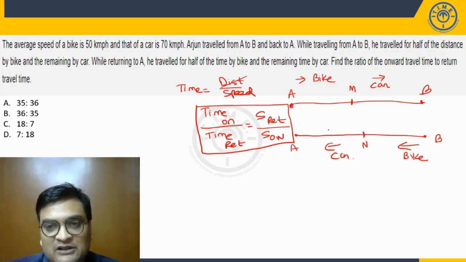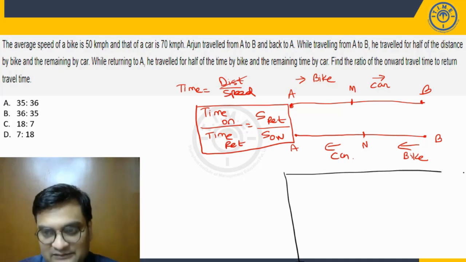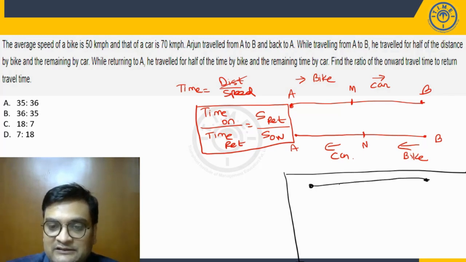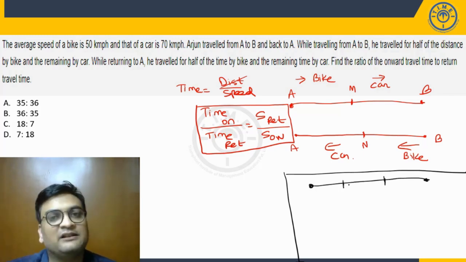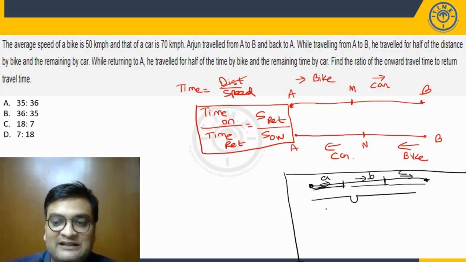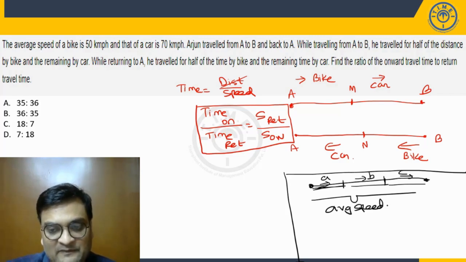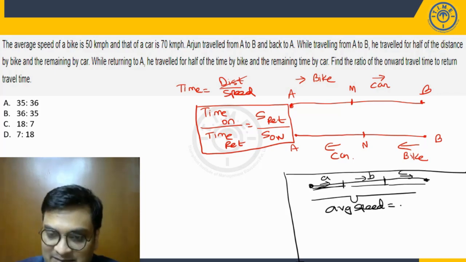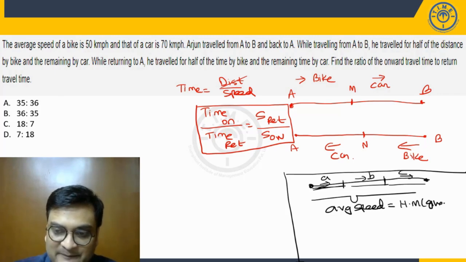How do we calculate this? There is a small discussion point we need to have here. When a person travels equal distances, for example the first part of the journey at A kmph, the second part at B kmph, the third part at C kmph, such that the three distances are equal, then the average speed is the harmonic mean of the given speeds.